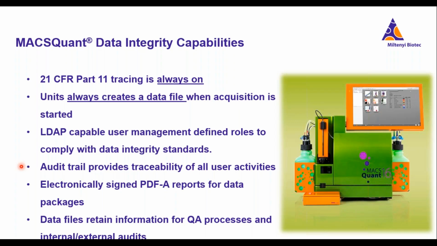So if we look at an MQD file, a MACSQuant data file, you can always determine in the metadata what system that data was generated on, when that data was generated, how that data was set up to be generated, as well as who was logged in. All of this relevant information with the history of the data file, you can always retrieve from the data file to know exactly what was going on, who was doing what on your system.